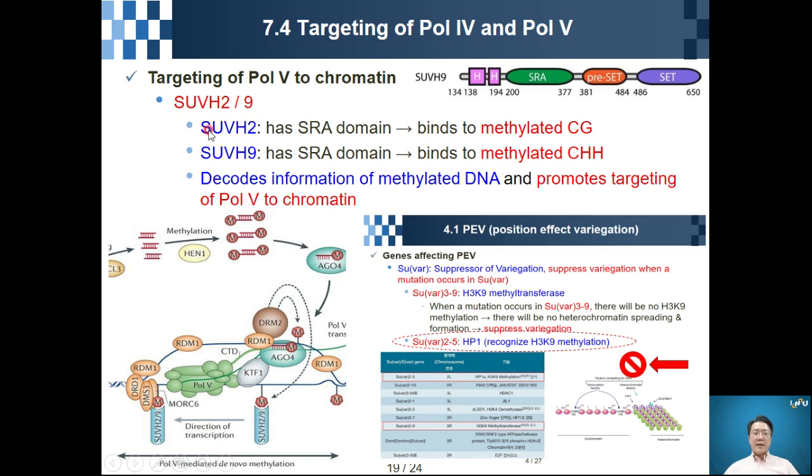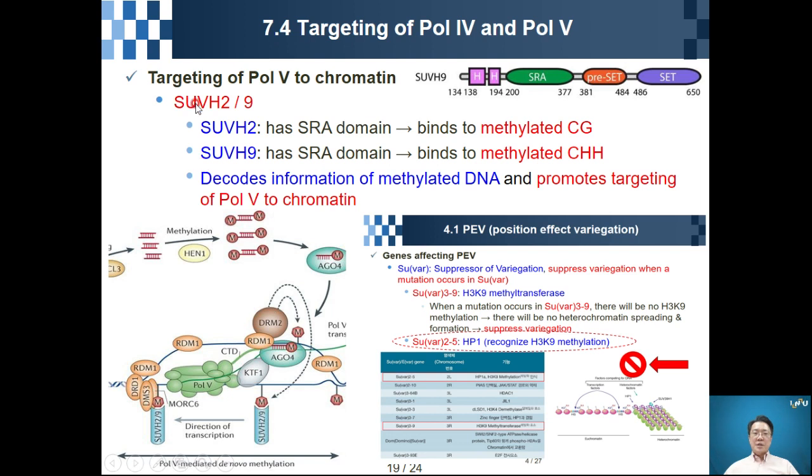SUVH2 and SUVH9 have SRA domains. That's why SUVH2 can bind to methylated CG, and SUVH9 can bind to methylated CHH.